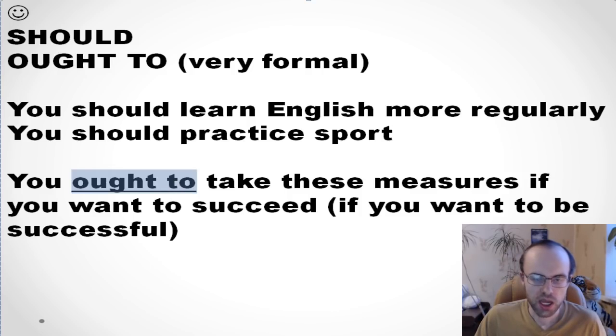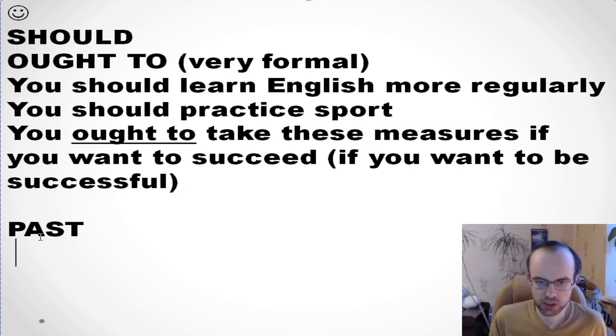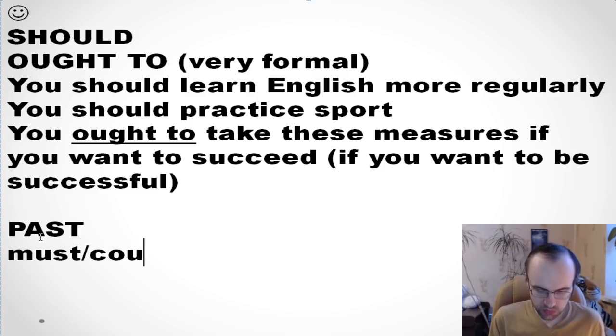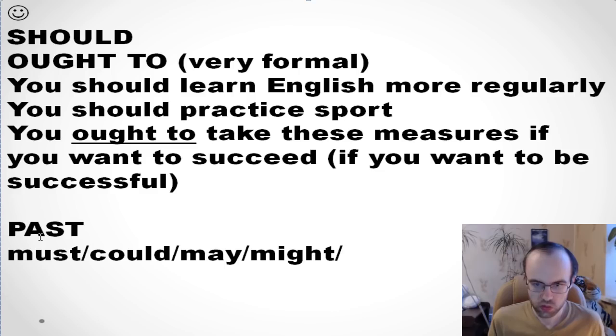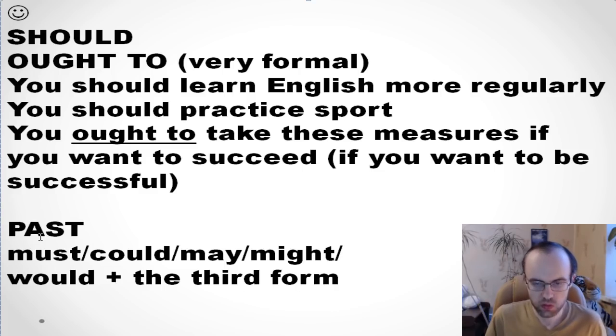Okay, and if we are talking about the past, you can use must, could, may, might, would, plus have, plus the third form.